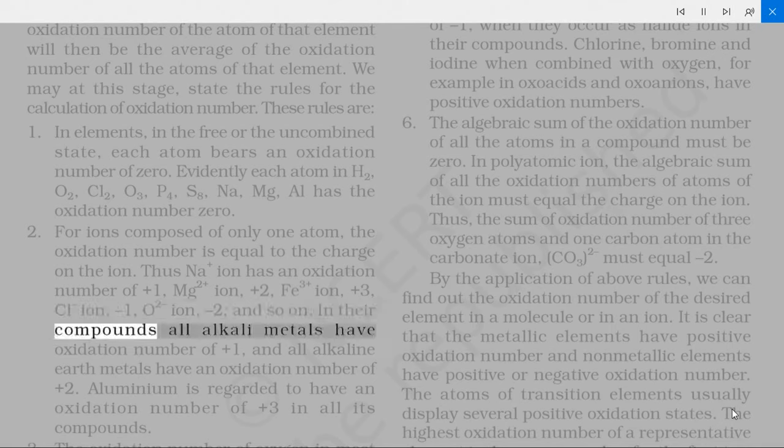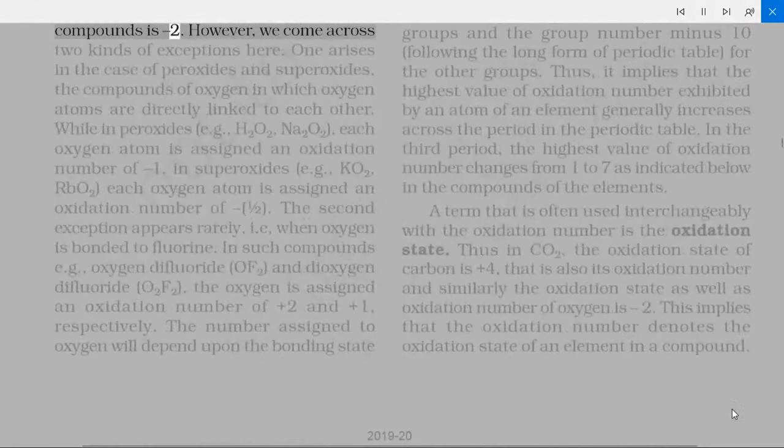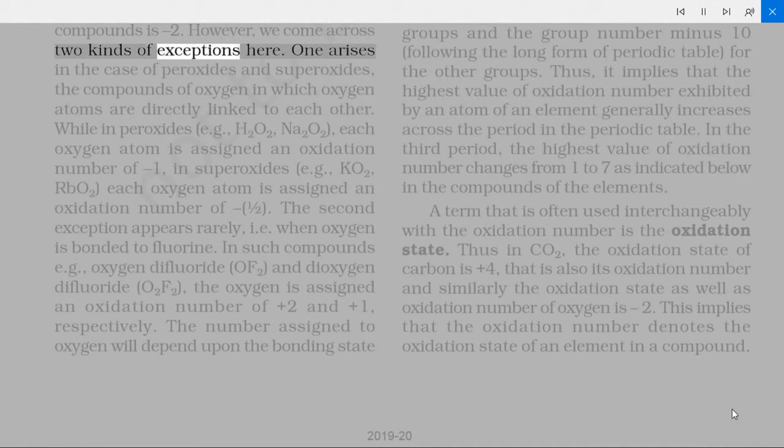In their compounds all alkali metals have an oxidation number of +1, and all alkaline earth metals have an oxidation number of +2. Aluminium is regarded to have an oxidation number of +3 in all its compounds. 3. The oxidation number of oxygen in most compounds is -2. However, we come across two kinds of exceptions here.